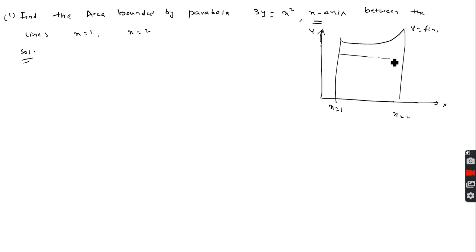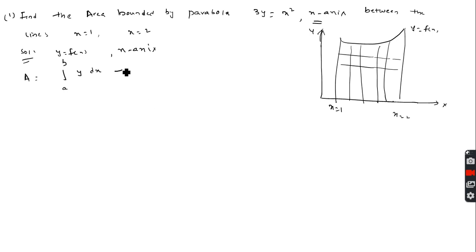We need to find the area between x equal to 1 and 2. Therefore, if there is a function y is equal to f of x in the x-axis, then the area is equal to the integral from a to b of y dx.